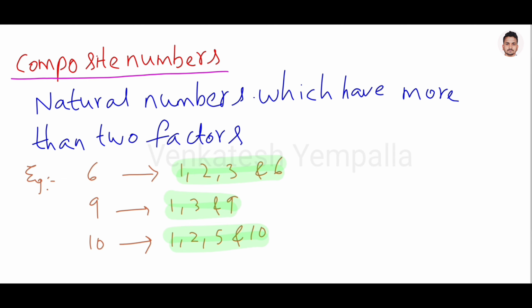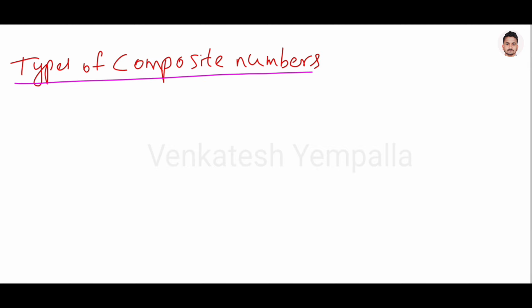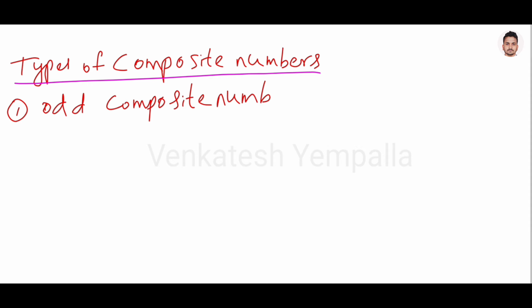Now I will explain the types of composite numbers. Two types are there. I will write those. First one, odd composite numbers.